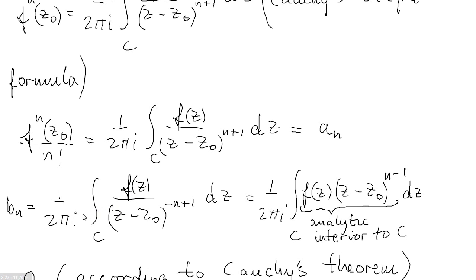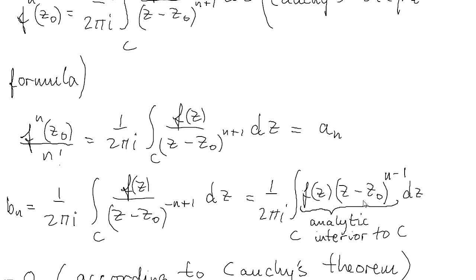In this case, this is just the expression for bn in the Laurent theorem, and we note that we may replace this denominator by z minus z0 to the power of n minus 1. It's easy to see, because we just take the negative exponent and put it into the denominator.